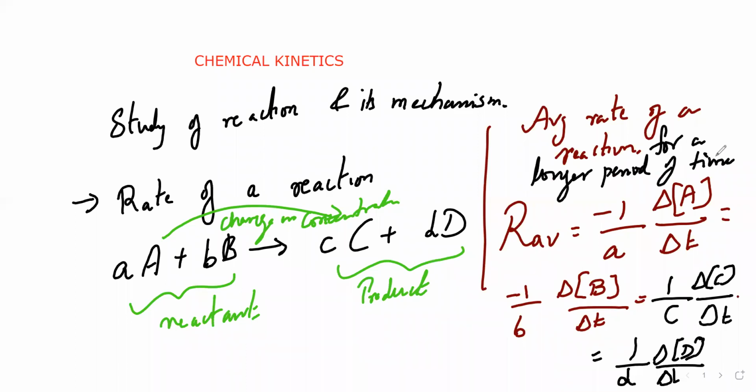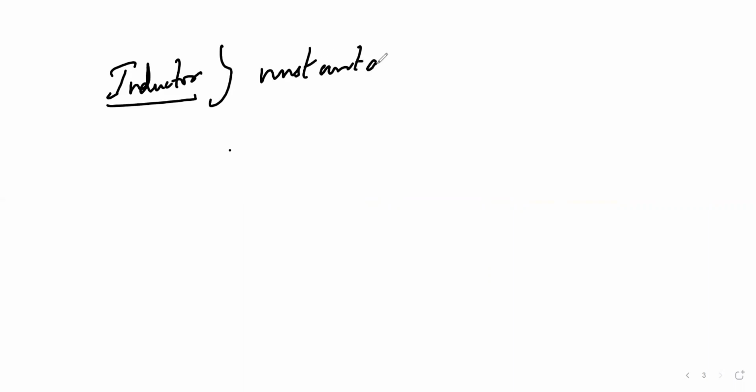In physics, especially for an inductor, I'm just bringing this into the concept. So for an inductor, what is it? Instantaneous current. So whenever there is instantaneous current, what do we actually use? di by dt, right?